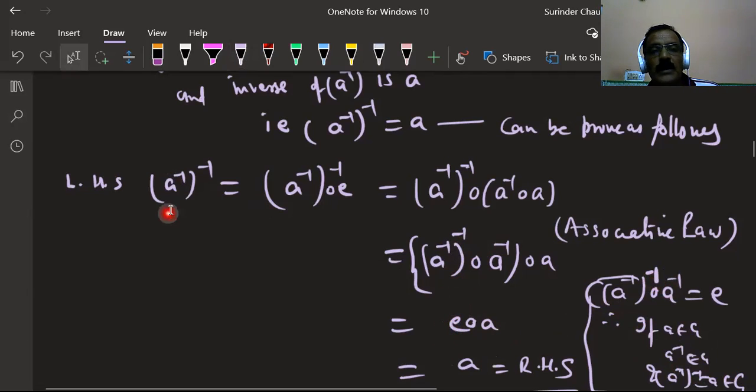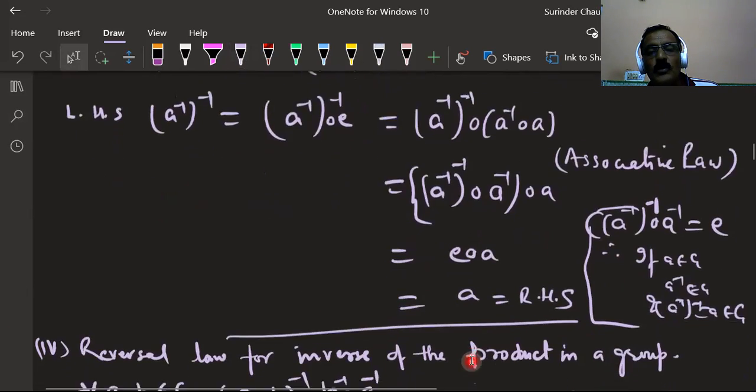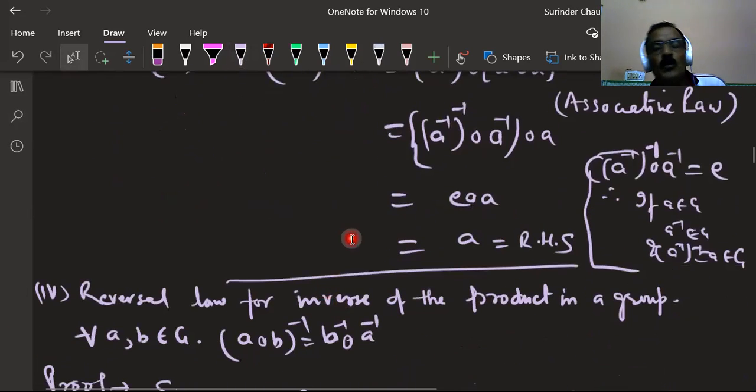So this implies the inverse of each element of a group G is the element itself.